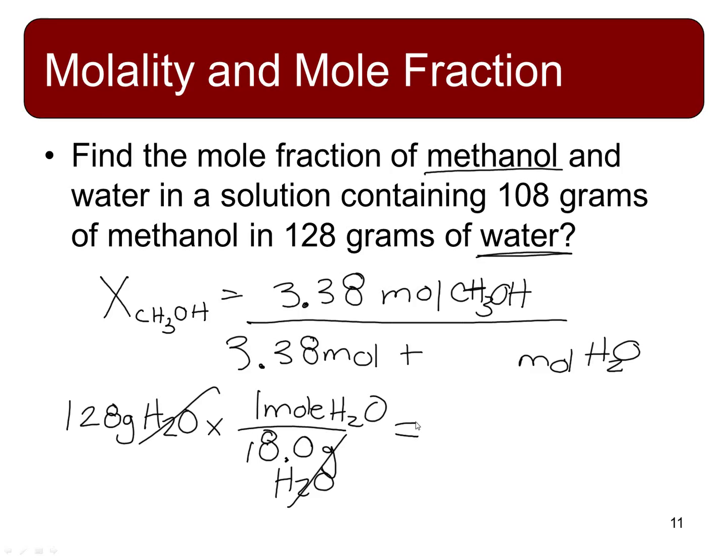It looks like I have 7.11. So that number goes there. Now we add up 3.38 plus 7.11 and divide that into 3.38. So we should end up with about 0.322.